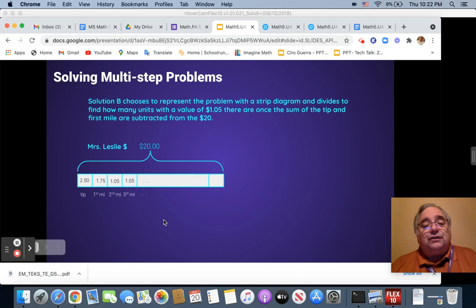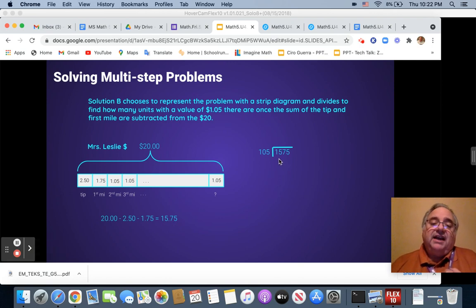So what do I do first? Well, I take what I know, which is my $20, and I subtract the tip and the first mile, which leaves me $15.75. I then take that $15.75 and I divide it by $1.05.